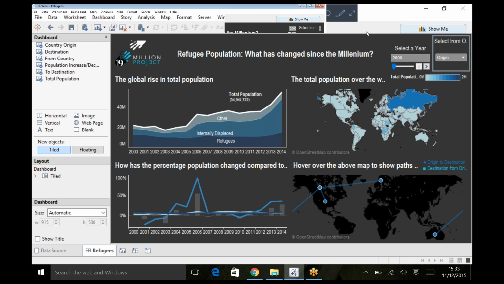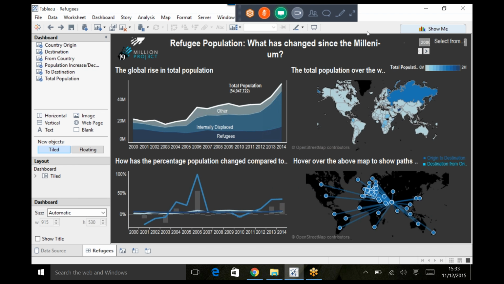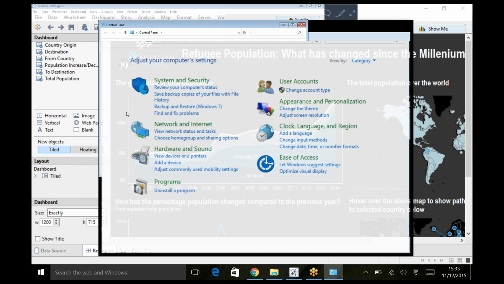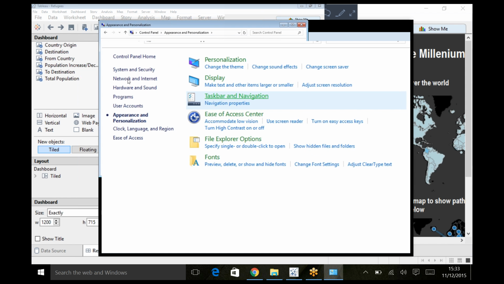No, it's because the resolution? Yeah. Look, you know what? You could just tell your computer to use the resolution of your computer instead of the resolution of the screen. How do you do that? I don't know, but there is a way to do it. Does anybody know? Go into your display settings, then adjust screen resolution.